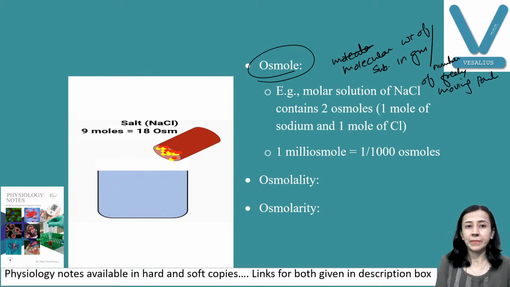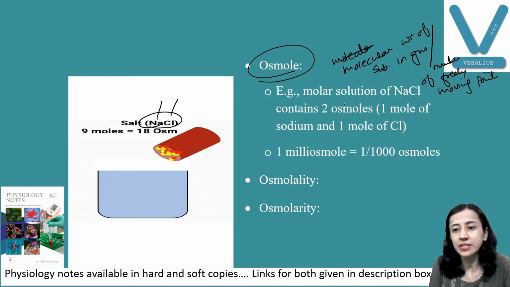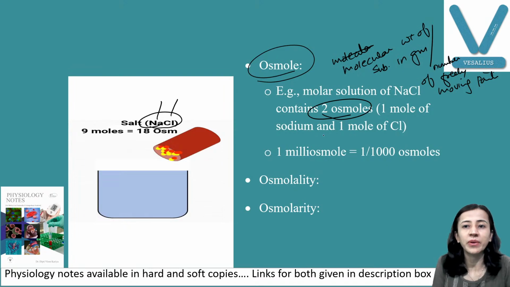You have to remember this definition. I will explain. Suppose you have sodium chloride. What is the molecular weight of sodium chloride? Sodium and chloride. It contains 2 particles, so here this is 2 osmole. Molar solution means 1 mole of sodium and 1 mole of chloride. That is there in the molar solution of sodium chloride.